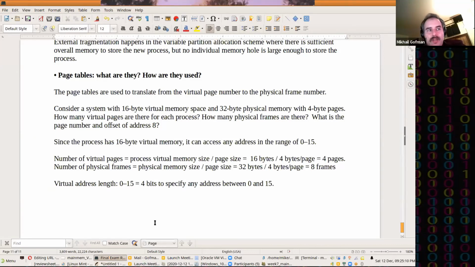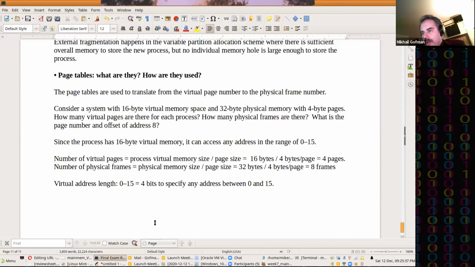Now, this address is going to be split into the page offset and the page number. The lower bits are going to be used for the page offset, and the higher bits are going to be used for the page number. So let's take a look at that.